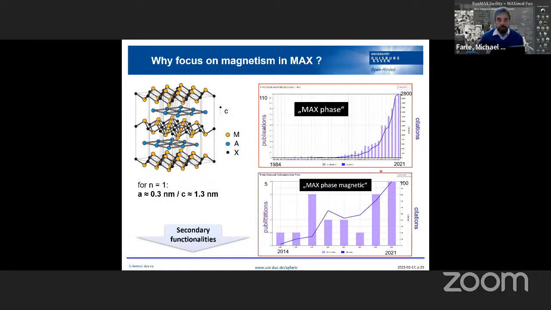So we cannot look into the future, but I would be optimistic that magnetic MAX phases have a bright future also in terms of making a research career. And certainly with this magnetism, you have the additional secondary functionalities like mechanical stability, oxidation resistance, anisotropic electric and thermal conductivities.